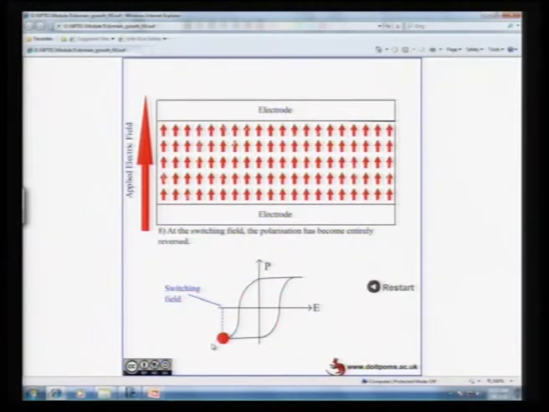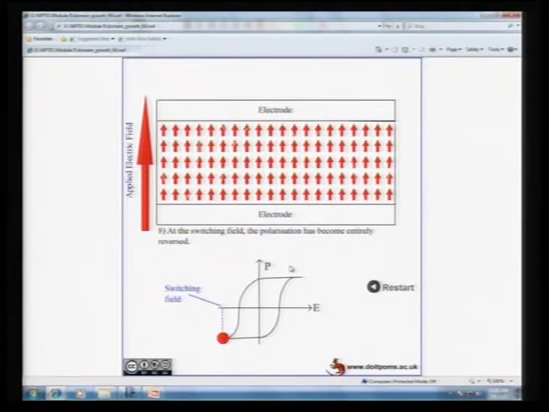This animation helps you understand how the domains nucleate and how the polarization changes from plus PS to minus PS, going through plus PR and 0 PR states. The same thing will happen when you go from minus PS to plus PS, which is identical. So, this hysteresis curve is symmetric with respect to both the axes.